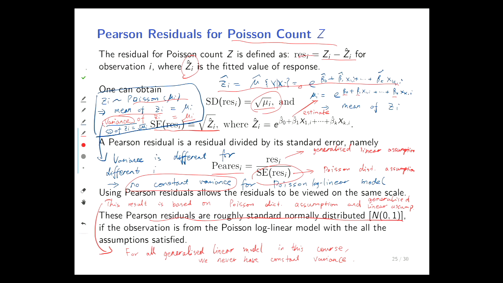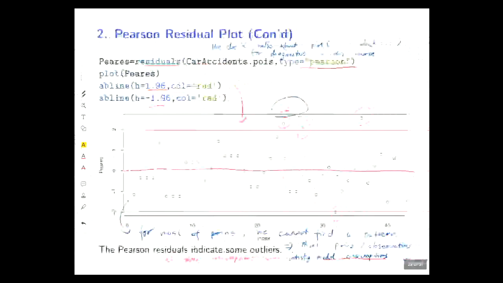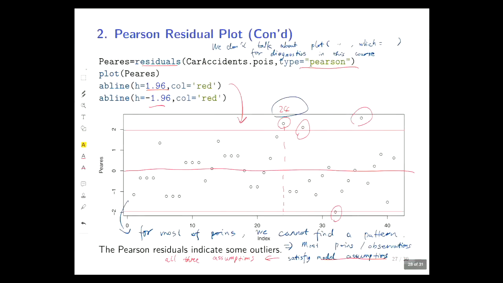And because we consider a lot of residuals, when we look at this pattern, we try to find a pattern, and here we cannot find one. So to some extent, we also check the independence assumption, which I think is not emphasized in this course.